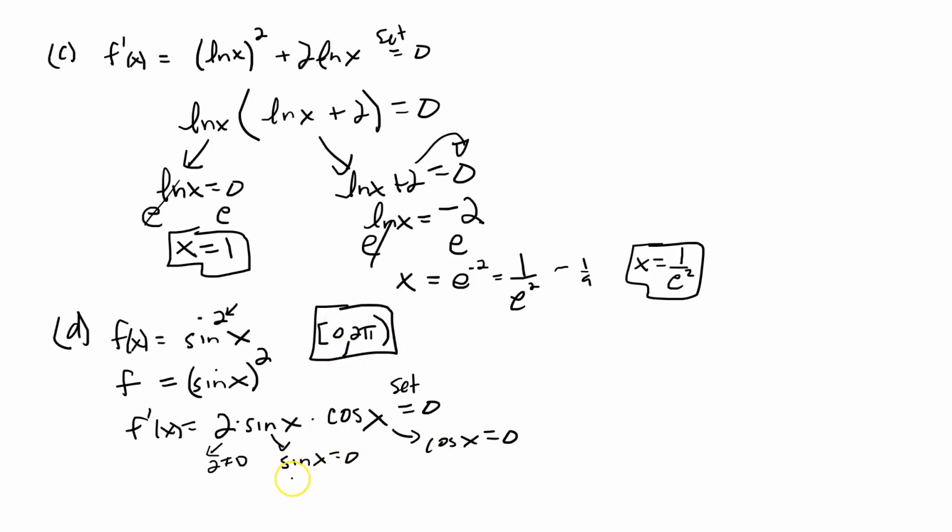Sine of x is 0 at, in our interval now, which is 0 to 2 pi, not including 2 pi. So we get x equals 0 and x equals pi. Thinking of the unit circle there. Now cosine x is equal to 0 in 2 places as well. We'll get x equals pi over 2 and x equals 3 pi over 2.